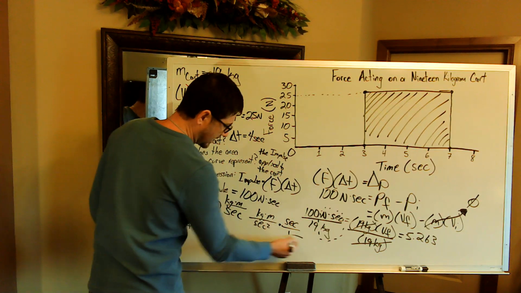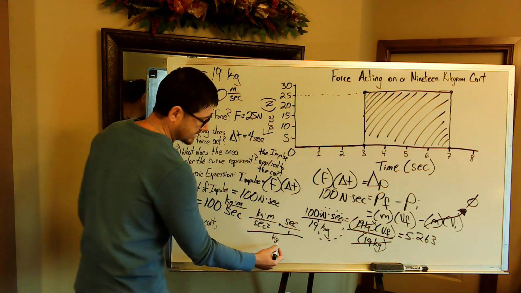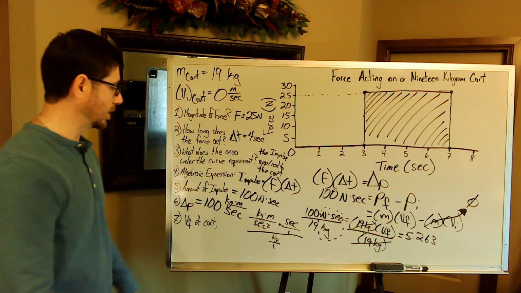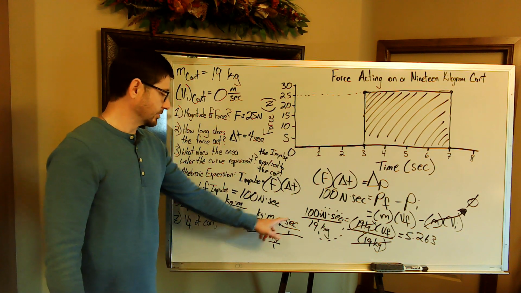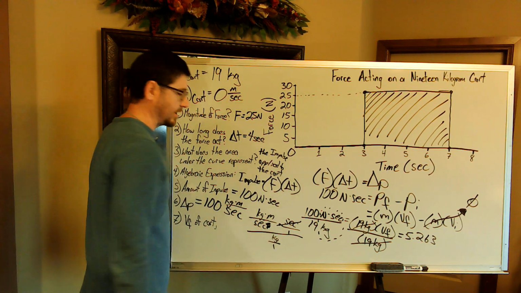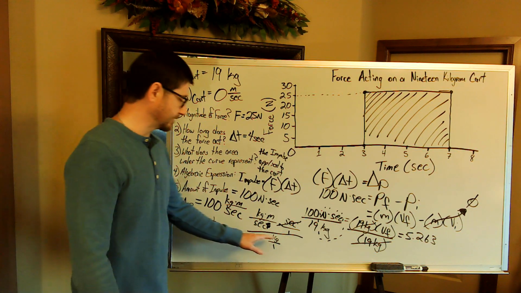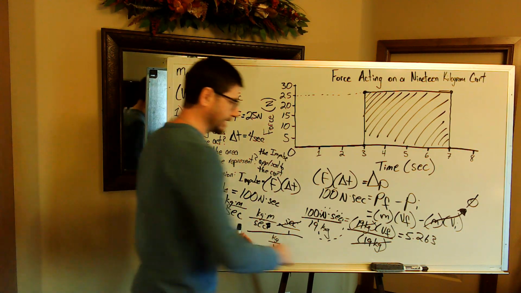And we're dividing by units of kilograms, which algebraically we can write as kilograms over 1. So the seconds are going to cancel one of the seconds. So in my numerator, I have kilogram meters per second, and we're dividing this by units of kilograms over 1.